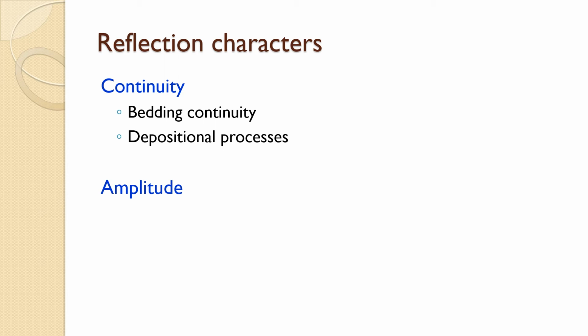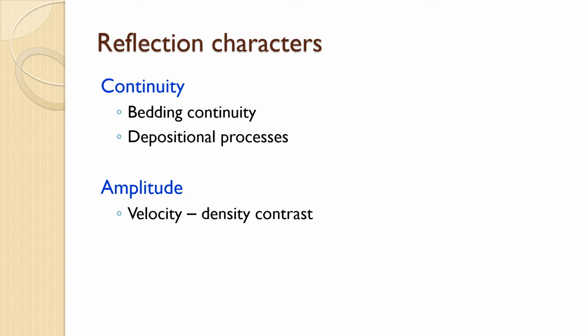Now the third one of reflection characters is amplitude, and amplitude is a very important character, which gives us an indication about the velocity density contrast. And all of us know that the velocity density contrast, or the multiplication of velocity and density, we call it acoustic impedance.